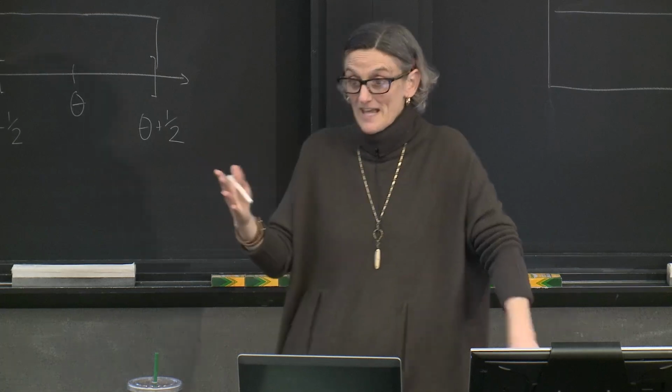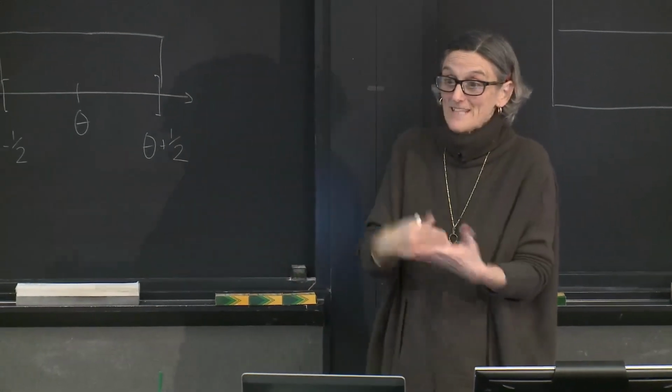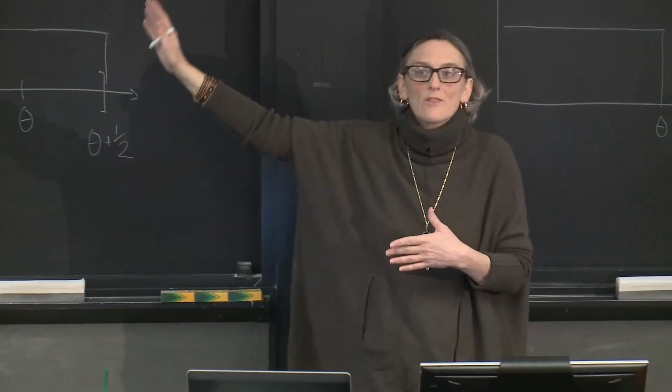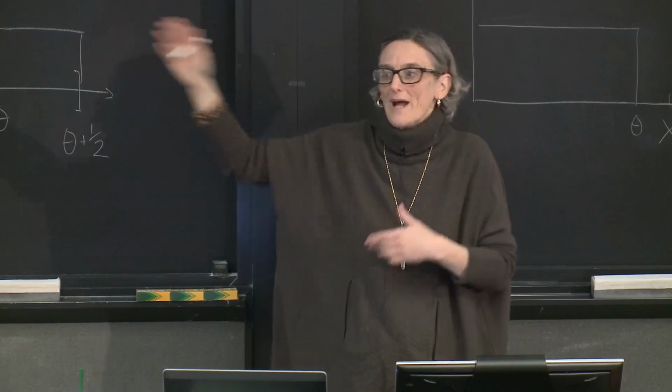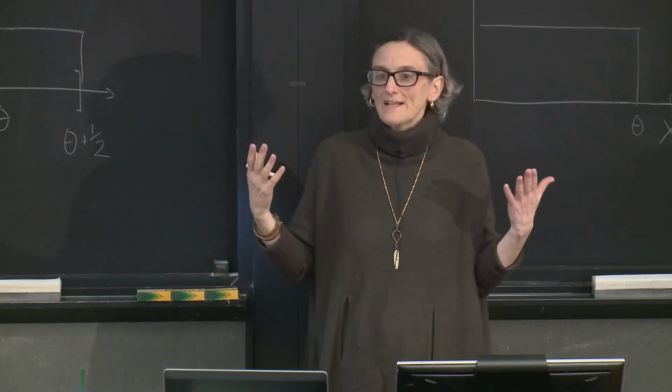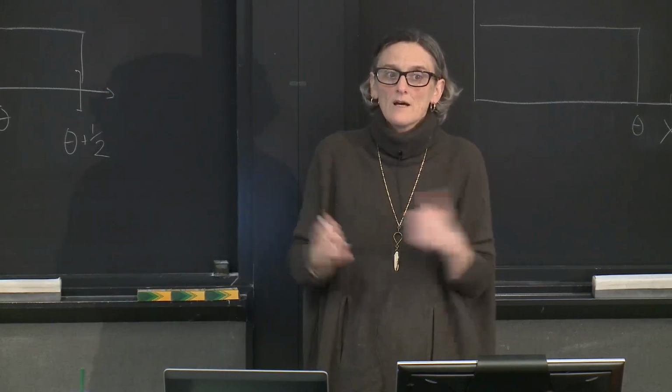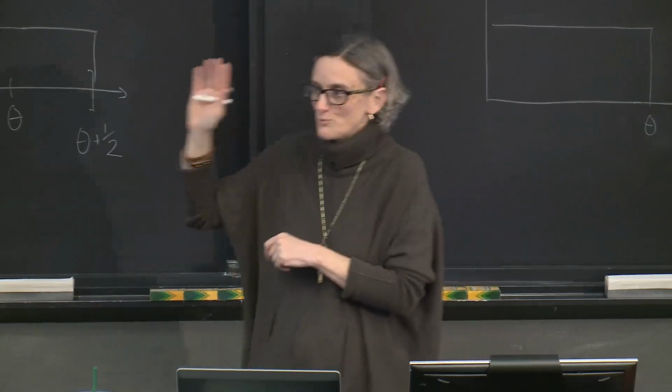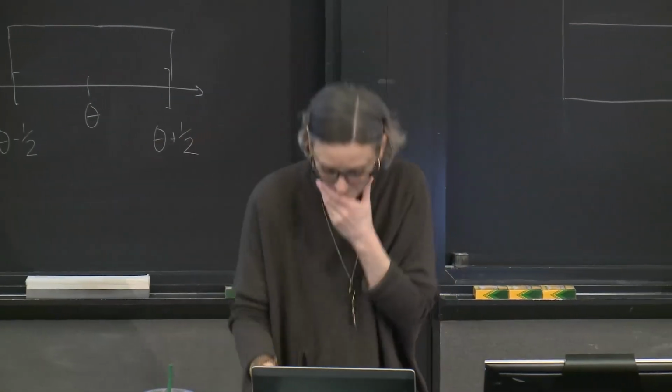Just like we had the central limit theorem for the sample mean, there's a central limit theorem-like result for maximum likelihood estimators. And that can be very useful for inference, which we'll see after spring break.